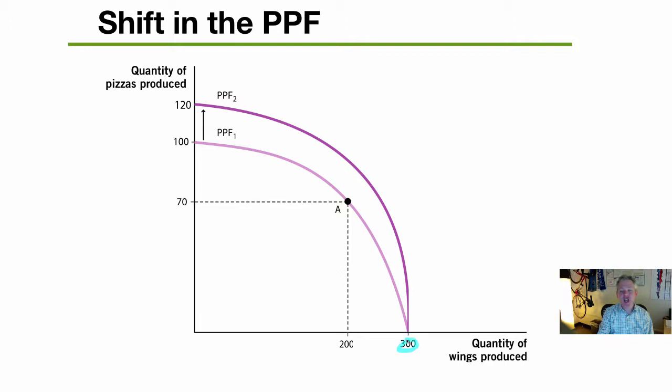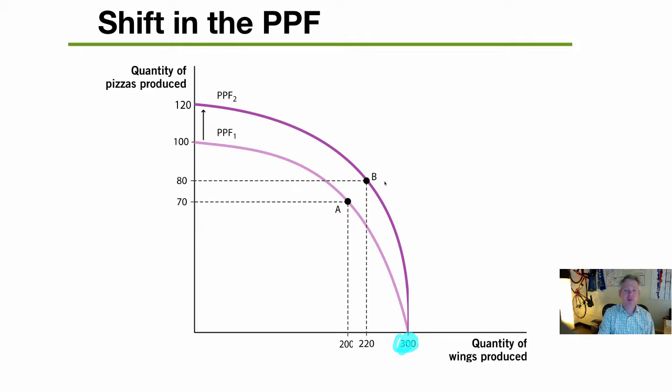Notice, nothing changed about the technology for producing wings, so that stayed the same, all right? Now you can get this point B, which would have been unattainable at the old production possibilities frontier. You can now produce 80 pizzas and 220 wings. All right. Notice the production of wings can still increase, all right, even though only the technology for pizza is improved.